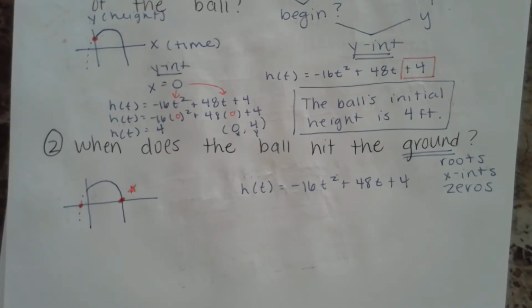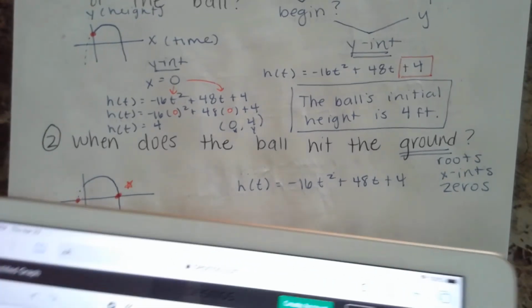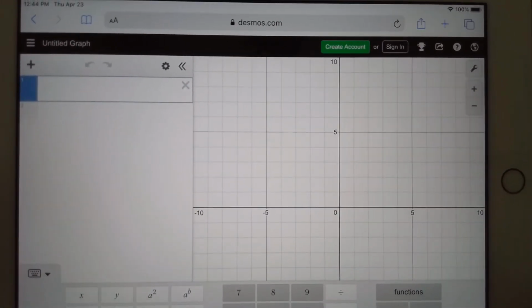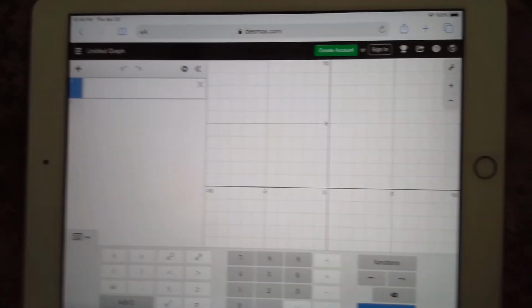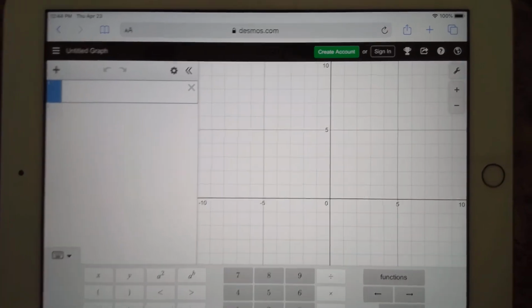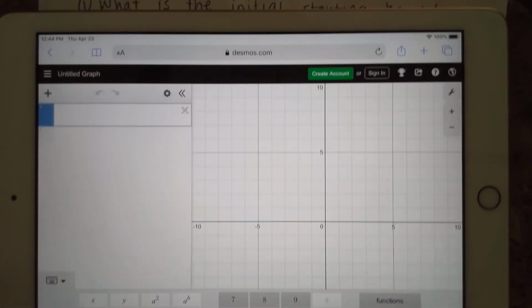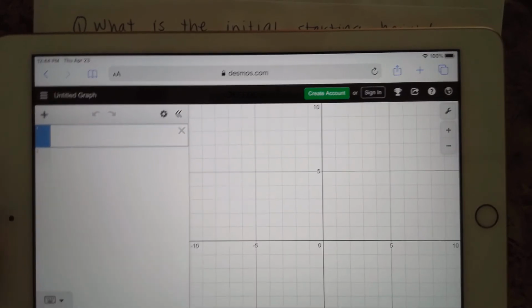And this is great. So I have an iPad. You can find it on your computer and everything like that. So what I want to do is I went to desmos.com and I'm going to start typing in our equation. And it's going to go right here.